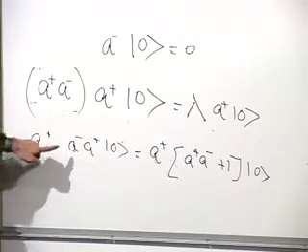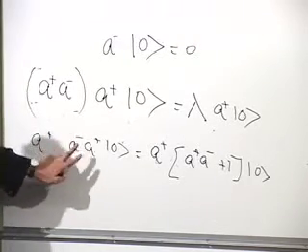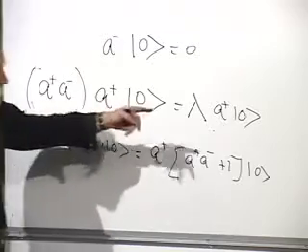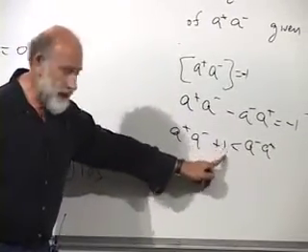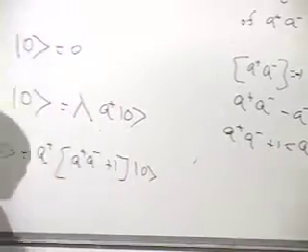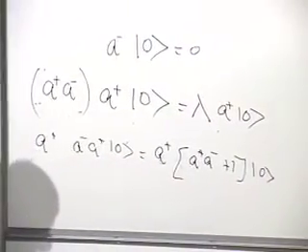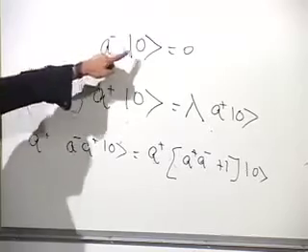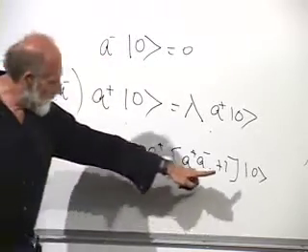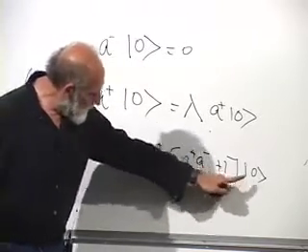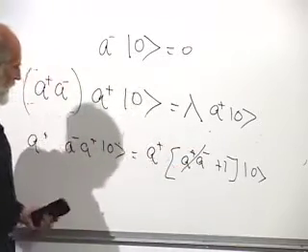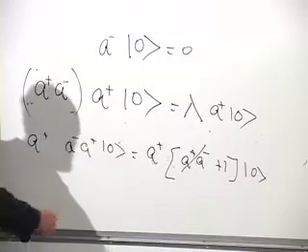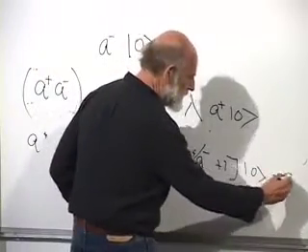All I've done is use the commutation relation to invert the order of these two and then add in the extra 1 that's necessary there. Now, A minus on 0 gives 0. So A minus on 0 gives 0. This can be ignored. And what do we get? We just get A plus on 0.